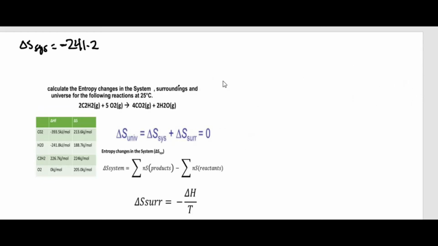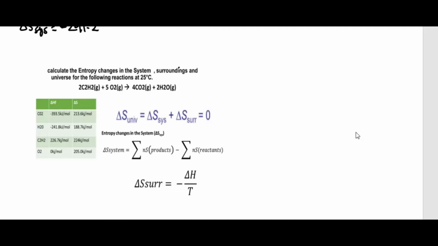Alright. How to get the S surround? So we're gonna use this equation. So this is enthalpy over temperature. So let's look for the enthalpy. Same as this, but instead of this, we're gonna use the enthalpy. So let's calculate again.